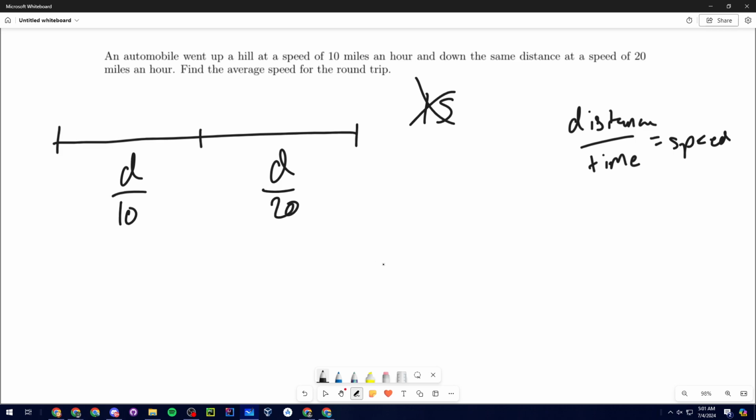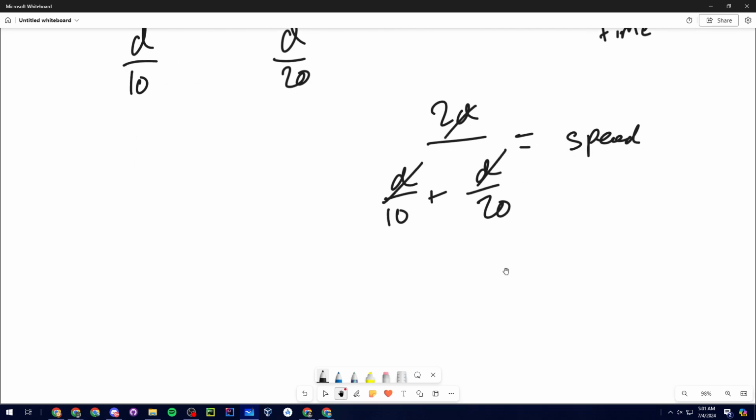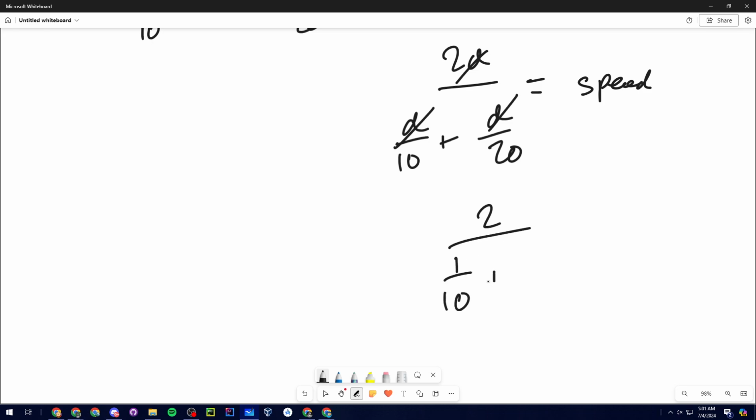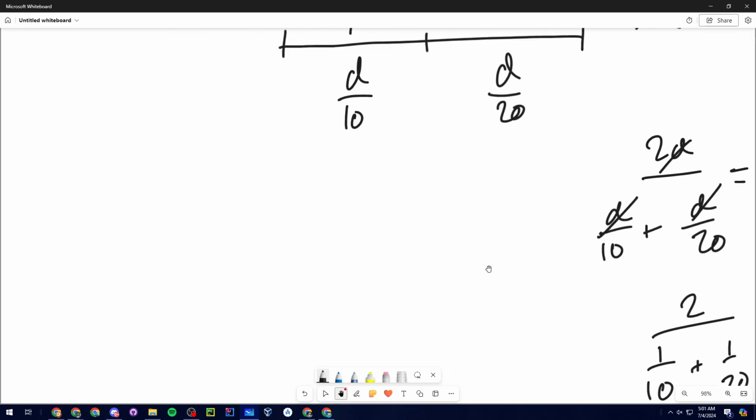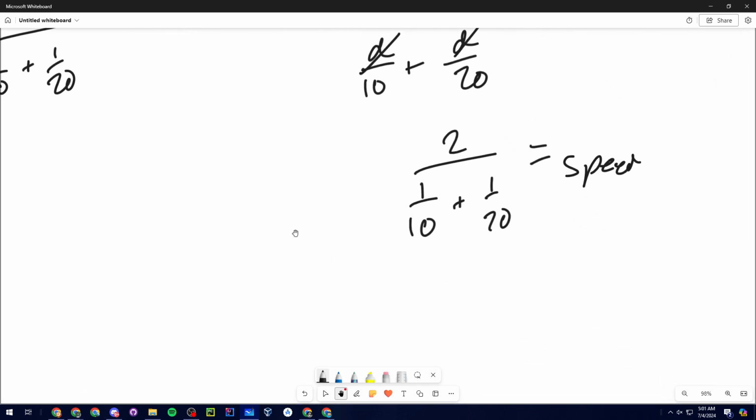So now we have a total distance of 2d, because we're going d here and d here, over d over 10 plus d over 20. That's equal to the speed. The nice thing is, all of these terms have d, so now you just have 2 over 1 over 10 plus 1 over 20. And if you recall, that's just the harmonic mean. I could just say, it's the same distance, so boom, 2 over 1 over 10 plus 1 over 20, and you're done. Same thing, one is a shorthand formula and the other isn't.